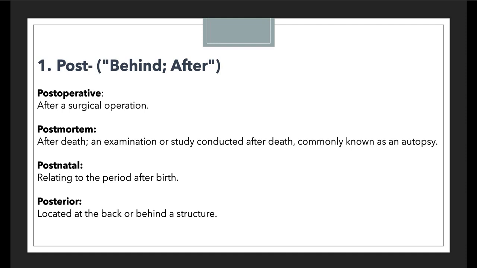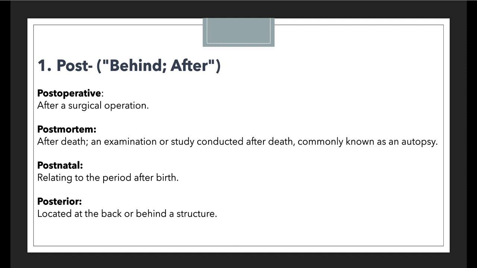Now we have one more example, which is posterior. Posterior means something is behind, that means located at the back or behind a structure. For example, you can take posterior teeth, which means teeth located at the back.